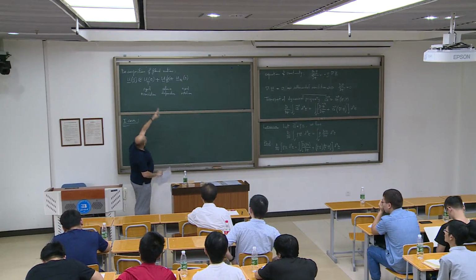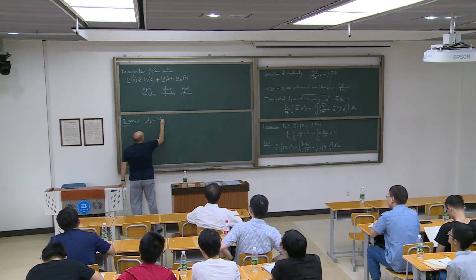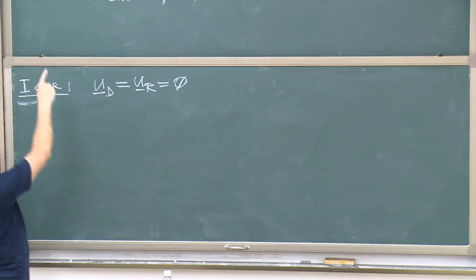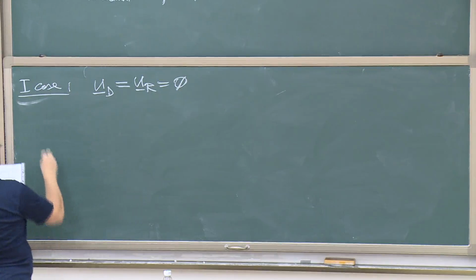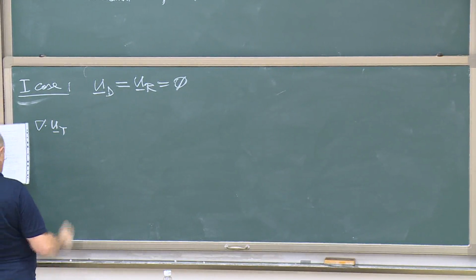So the first case is when u_D is equal to u_R and is equal to 0. Okay? So I just have rigid translations. So, okay, I will have div u_T equal to 0.